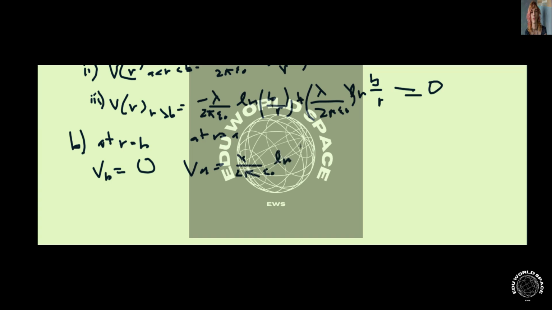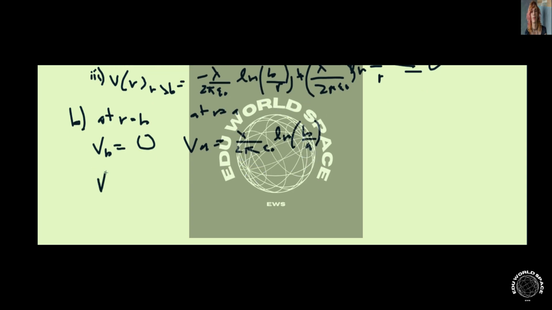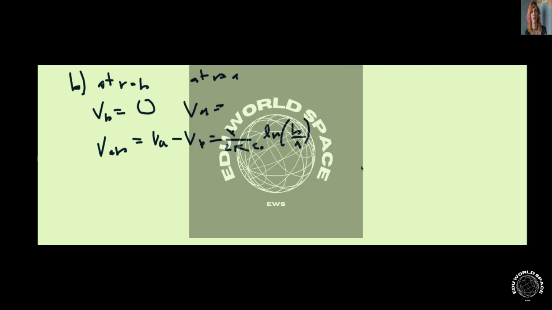Now if you find the potential difference, V_AB, which is V_A minus V_B, it is going to be this since V_B is equal to 0. Let's just bring that expression down here. So the potential difference is equal to this, and that's the answer for part B.